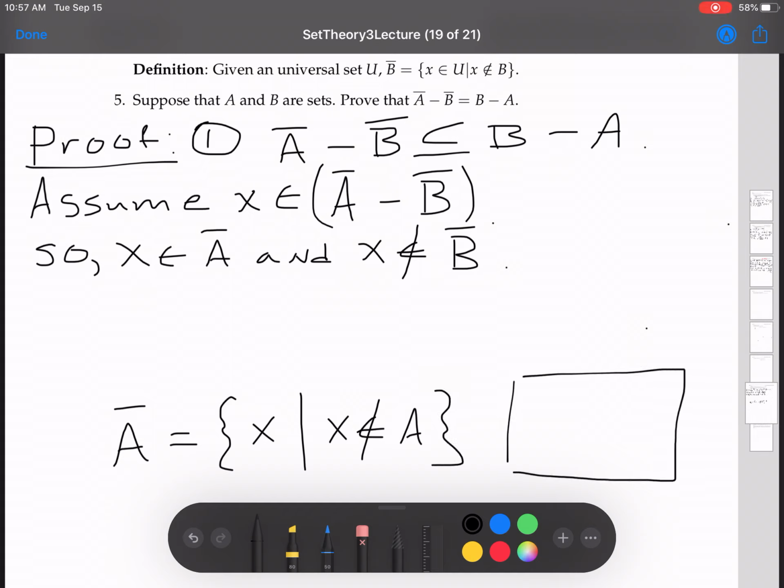Right, if we have some universal set U, here's A, and A complement is all the stuff outside of A. So if we're in A complement, that means X is over there.